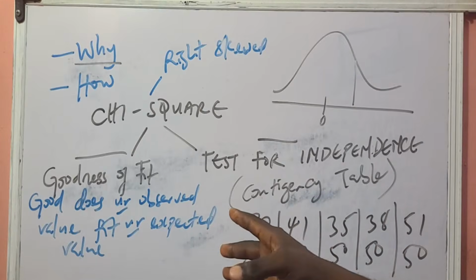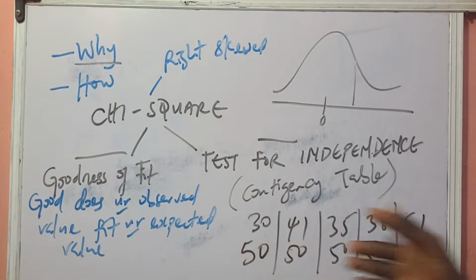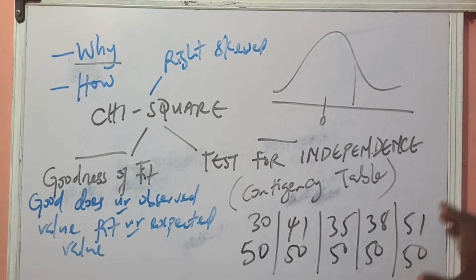Of course, it doesn't mean these are the only possible examples. You can have a 7 category question. You can have a question with 10 categories, but in this case, it's 5 categories. And that is very important to use to find your degree of freedom. You'll be using your number of categories to find your degree of freedom. So I need you to understand what categories actually mean, so that when we have to talk about finding degree of freedom, you will not have any problem at all. So that's a very great introduction to this.